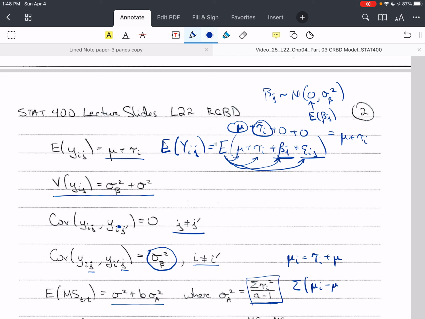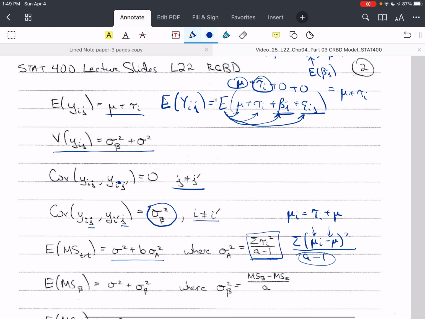You can think of mu as the mu sub i bar, the overall average. It is a mean, and so we're subtracting from the mean, squaring, and then dividing by a minus 1. This looks very much like a sample variance because of the a minus 1, but we have population parameters here. So it's not, but it's like a sample variance.